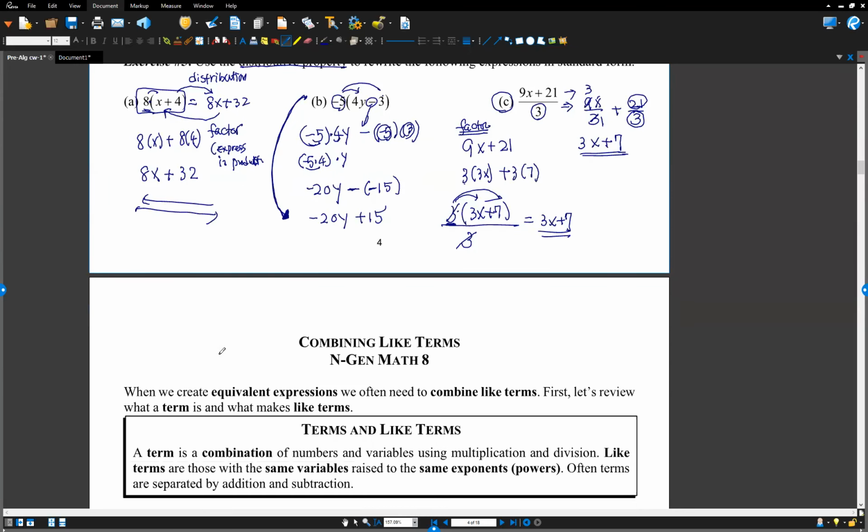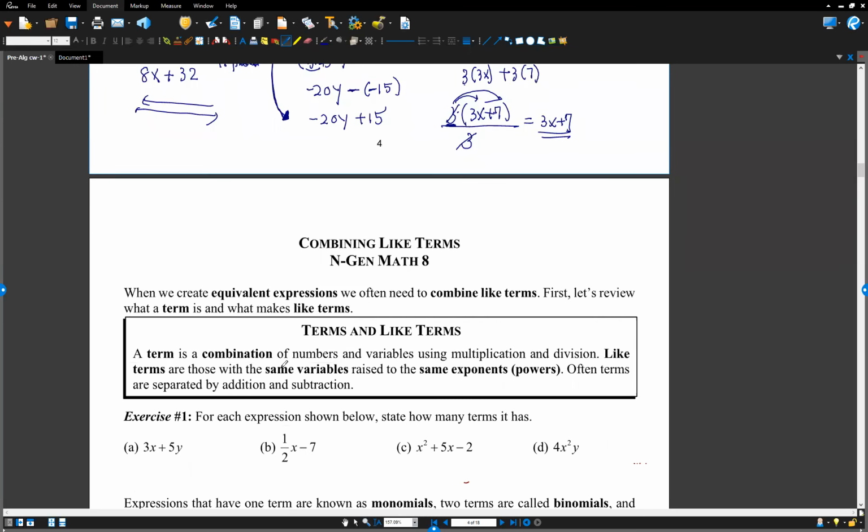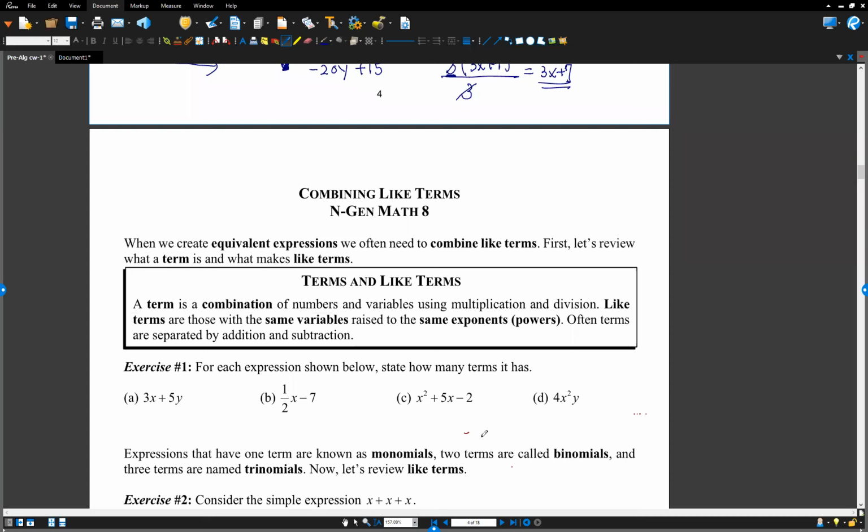All right, now we're going to have a little more. Equivalent, can you show me equivalent expressions?